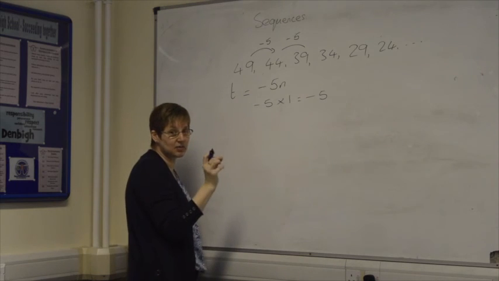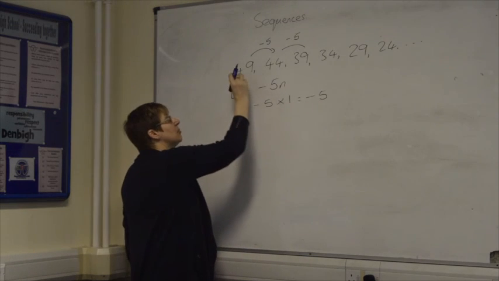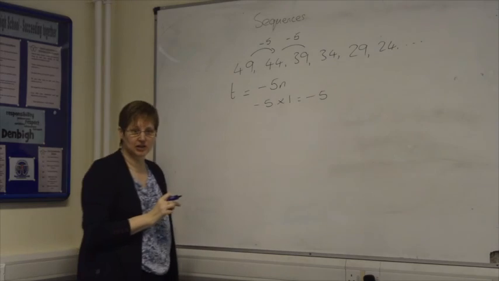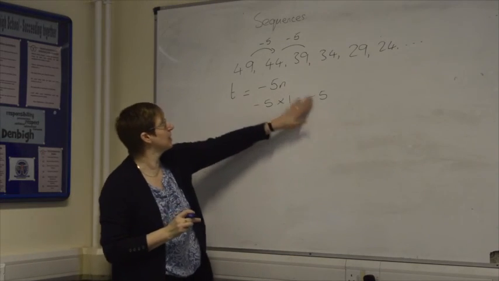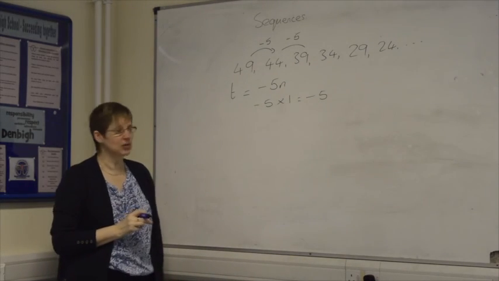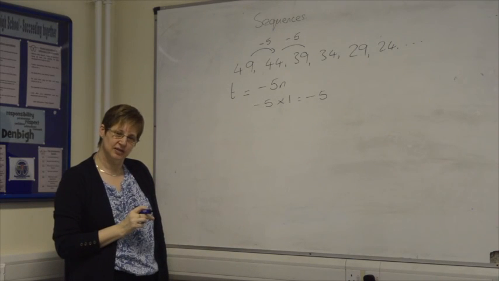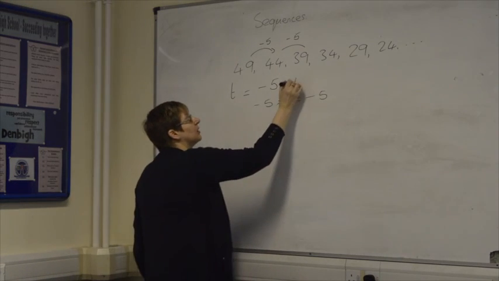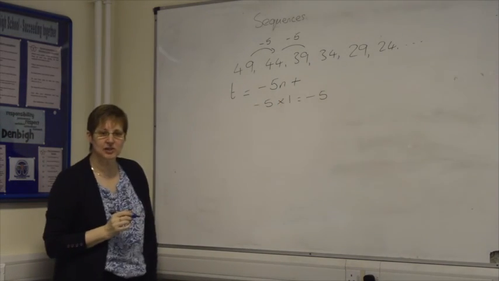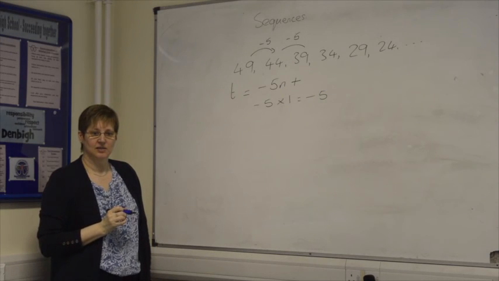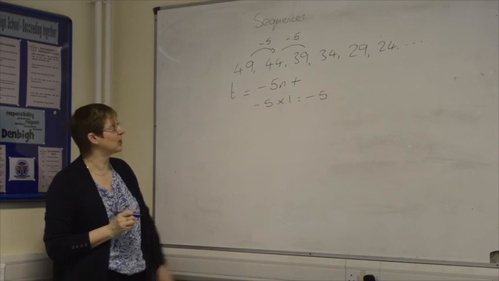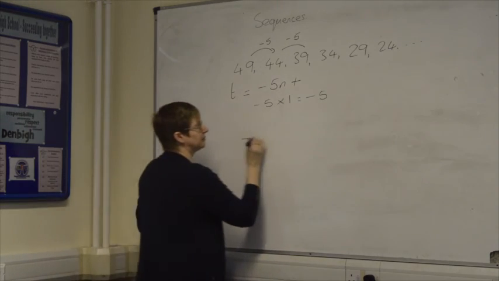So my minus 5 times table starts at minus 5, but your sequence starts at 49. So how do I get from that minus 5 to that 49? What do I need to do? Do I need to add on or take off? Add. I need to add on quite a lot, don't I? How much do I need to add on? Not quite sure. Right, let's do a number line.